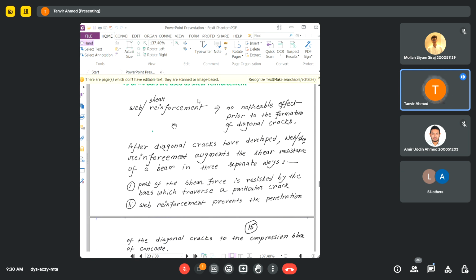But when the crack is formed to some extent, when a small crack is created, the shear reinforcement will come into action. In that case the shear reinforcement will provide resistance against the cracks from becoming bigger.